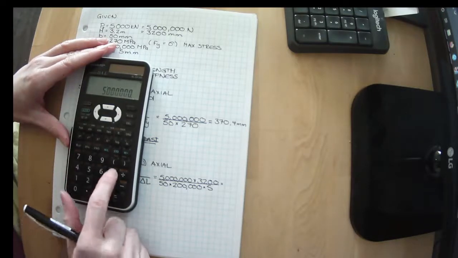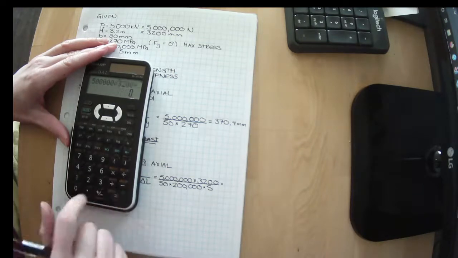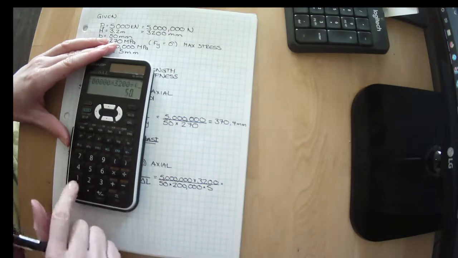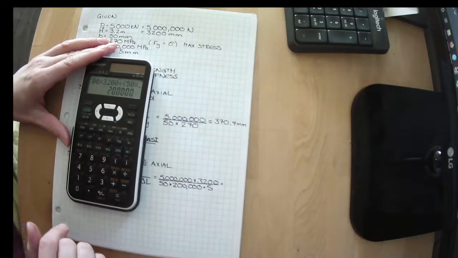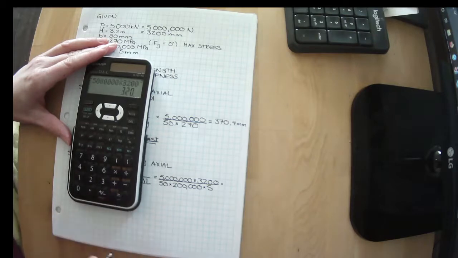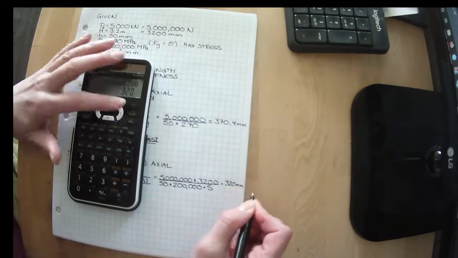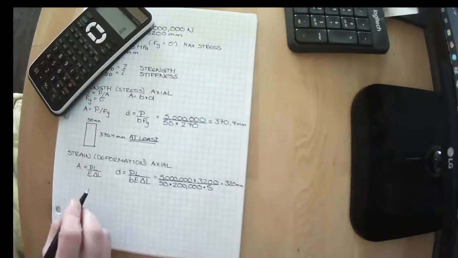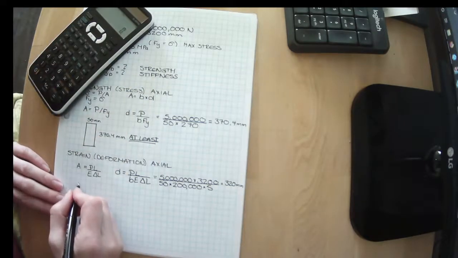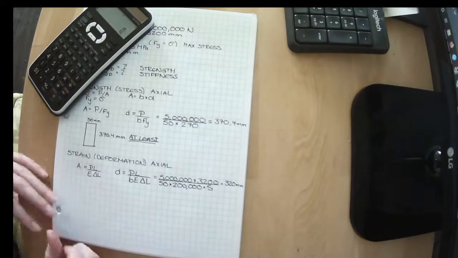So 5 million times 3,200 divided by 50 divided by 200,000 divided by 5 gives us 320 millimeters. So to not deform, we need this to be at least 320 millimeters.